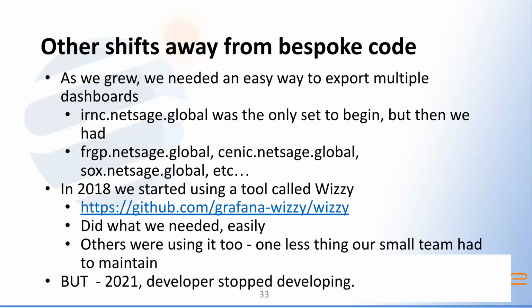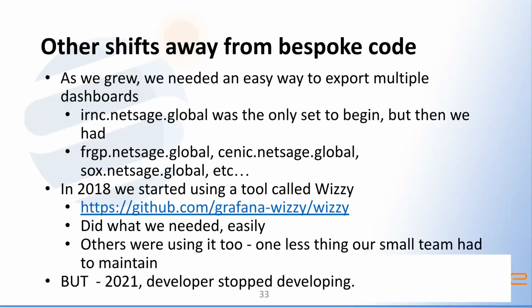We did other shifts away from the bespoke code. When we started, we had one set of dashboards for the International Research Network Connections IRNC project. And so, we would have an SNMP dashboard, and we'd have a bandwidth top talkers dashboard, and we'd have a persona dashboard, all of them, whatever, IRNC, Netsage.global.